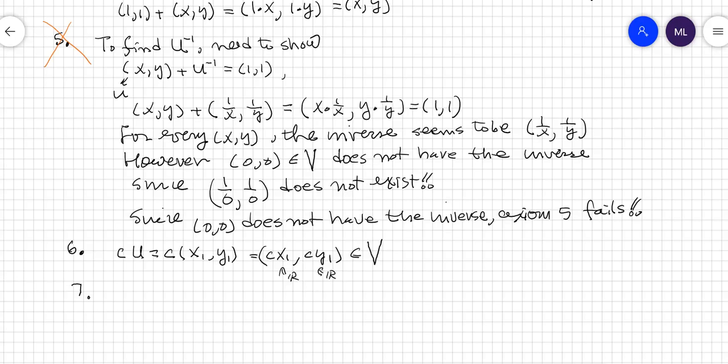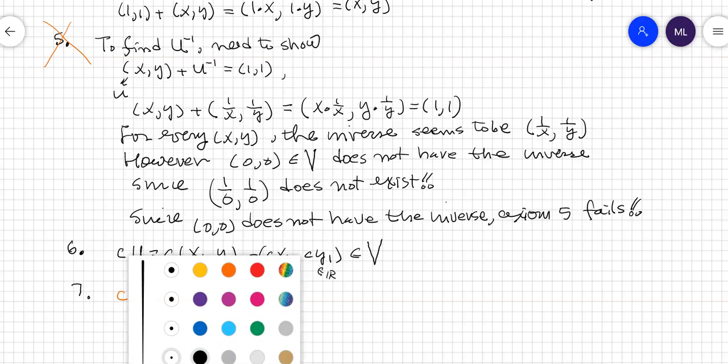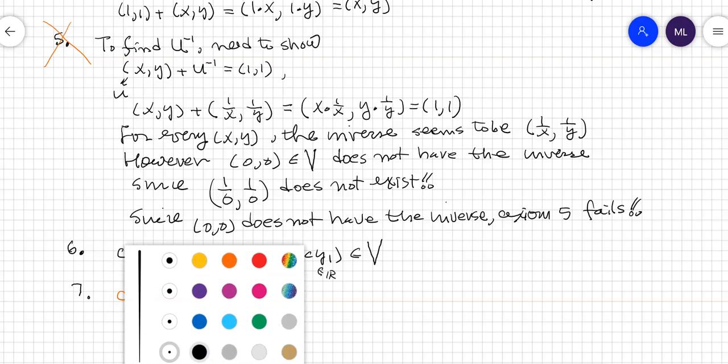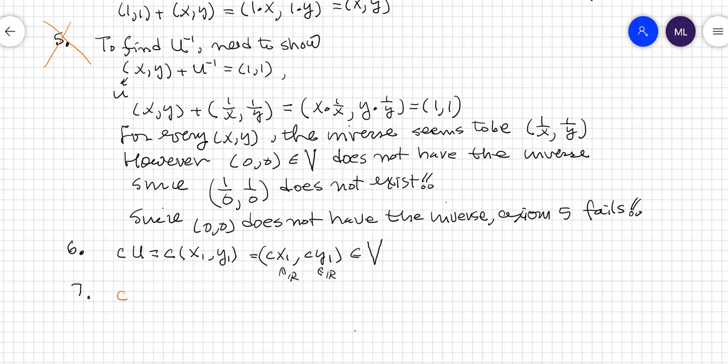And number 7 says c(u plus v) is c((x1, y1) plus (x2, y2)).